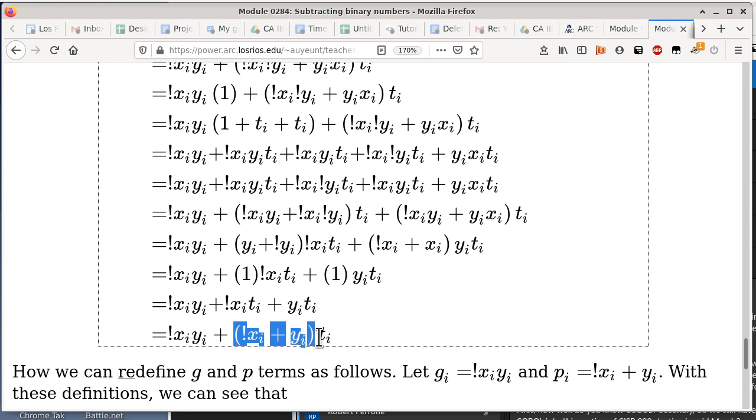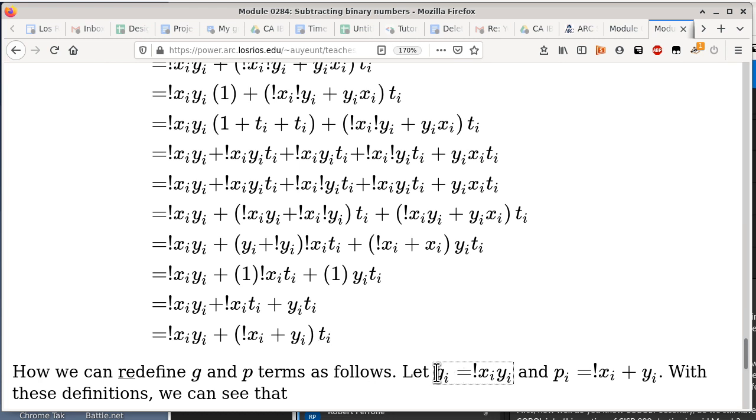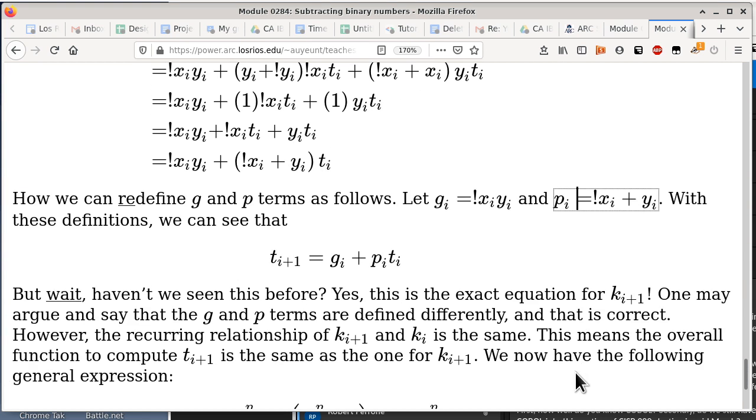You look at this and go like, we didn't quite solve the original problem. In other words, t_{i+1} is still depending on t_i, okay? On the other hand, if I redefine g_i like this and I redefine p_i like this, we are looking at something that looks awfully familiar, okay?